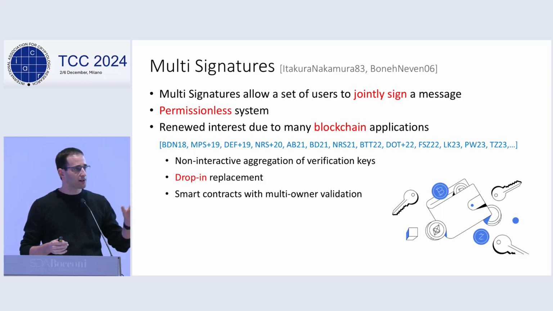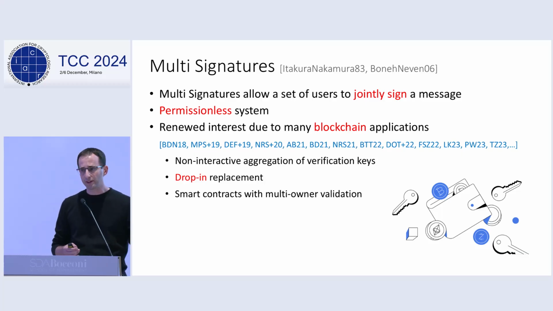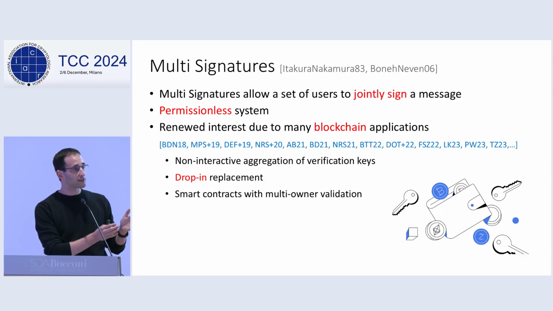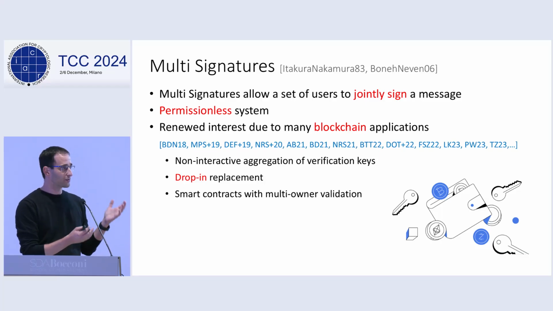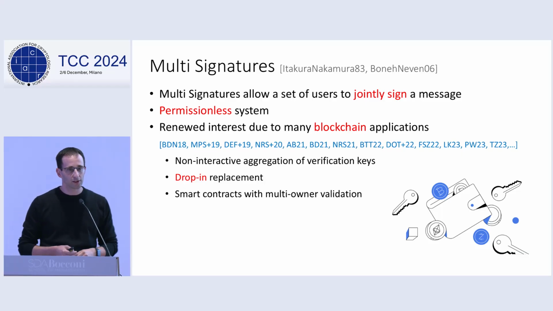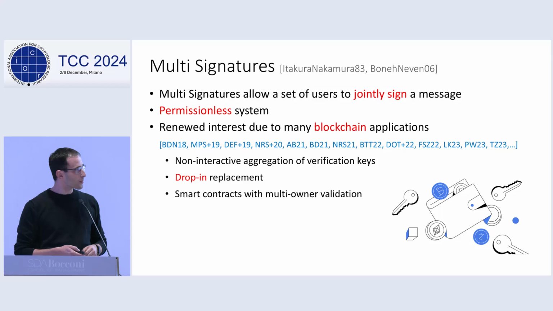So we have multi-sigs which are drop-in replacements, where you don't even know that the aggregated signature and verification keys are from a different scheme. And for some applications, if you have a smart enough smart contract, you can design a whole new system for this.